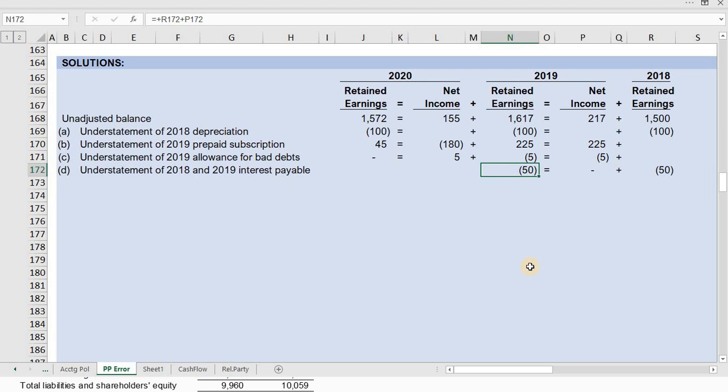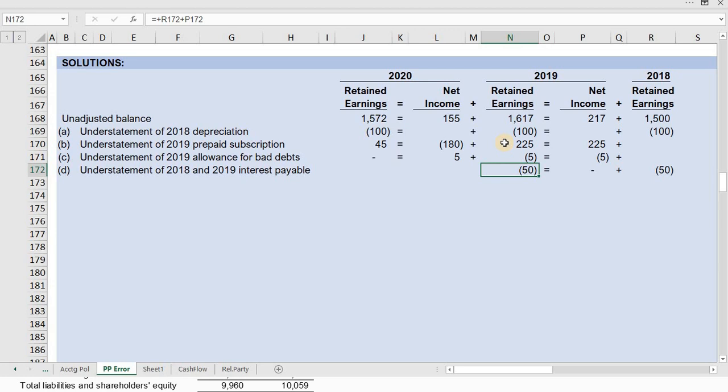And why is the retained earnings in 2019 overstated if the net income in 2019 is already correct? So the overstatement of the retained earnings in 2019 pertains to the unrecorded interest expense that was incurred in October, November, and December of 2019, payable on April 1, 2020.